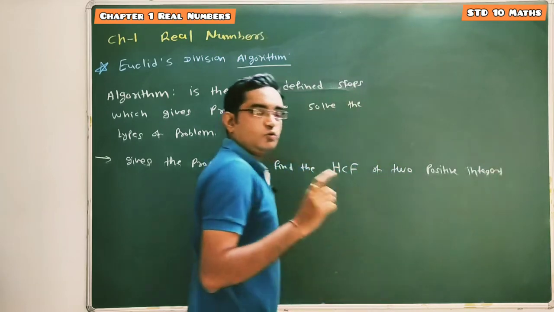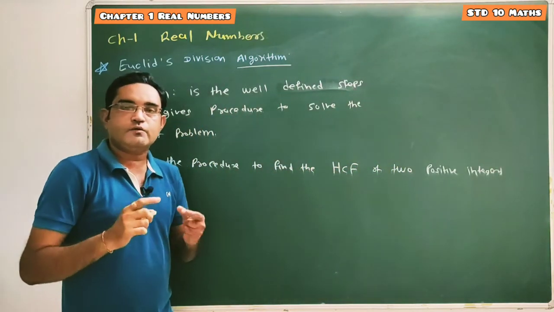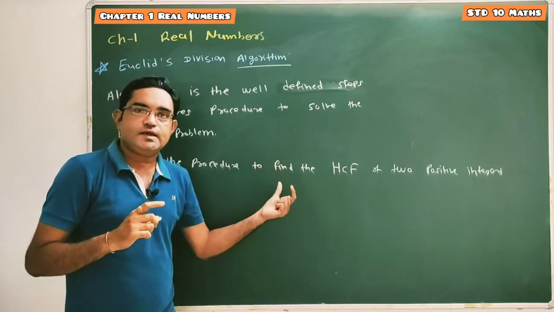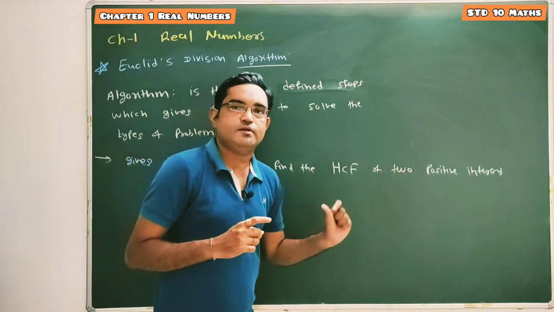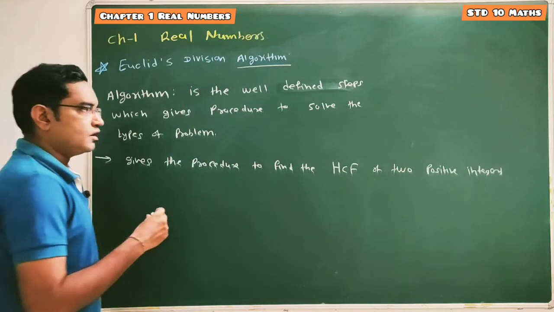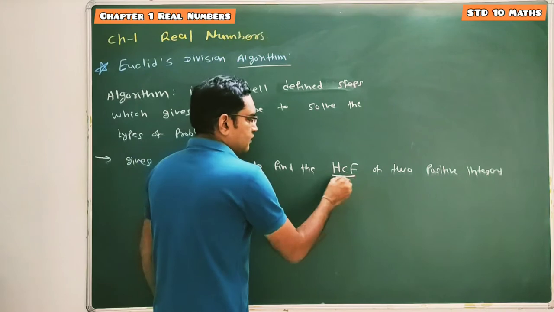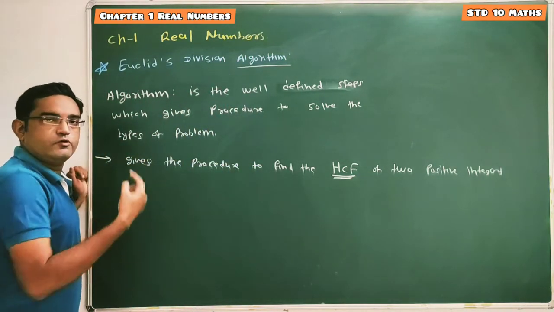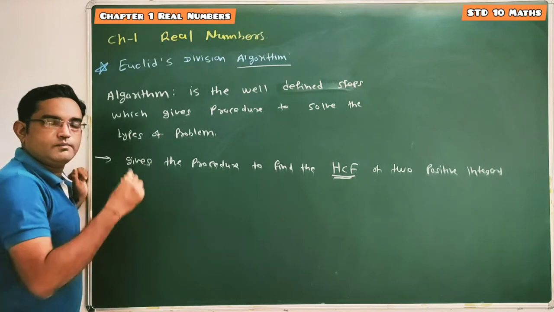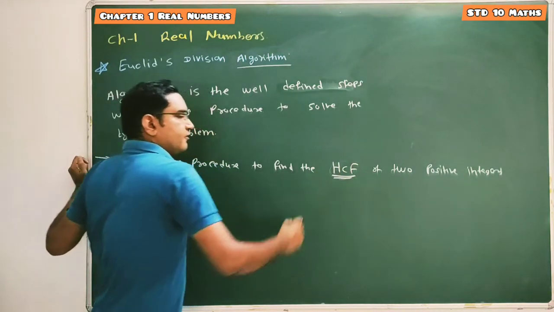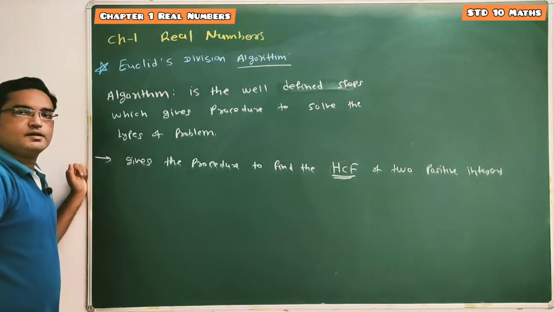That is Euclid's division algorithm. Before studying this algorithm, we will discuss how we can find the HCF of two given positive integers. In the past we were finding HCF, so how we were finding it, we need to discuss now.